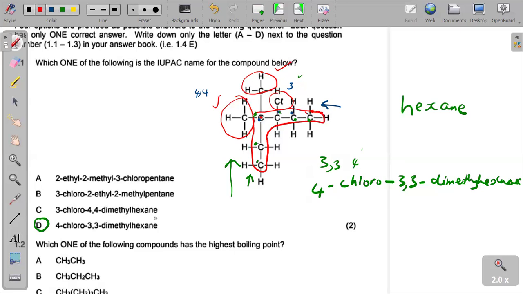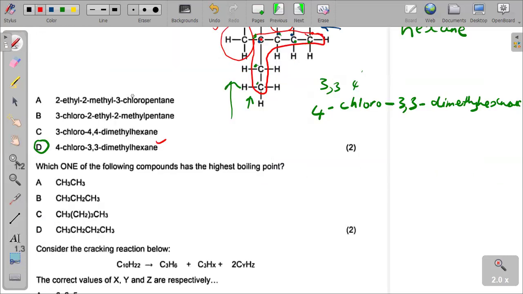Let's go to 1.2. Right. 1.2 is asking which one of the following compounds has the highest boiling point. From the look of things, all the compounds that we see there are alkanes. All of them are saturated organic compounds, and hydrocarbons as a matter of fact.